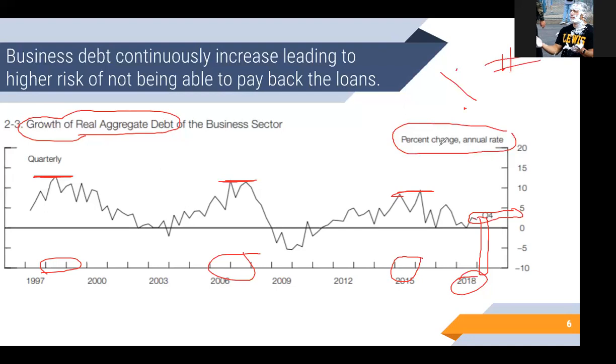What this tells me is the growth percentage of debt year over year. So the annual rate of change from Q4 2017 to Q4 2018 increased 2.5%. Q1 2015 from Q1 2014 increased about 7.7%.